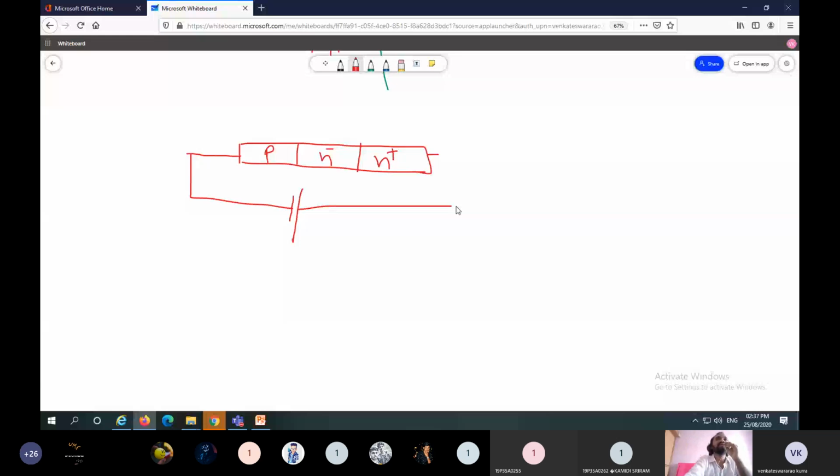So during reverse bias condition, this N minus region is very lightly doped. So charge density is very less. So due to applied voltage, if you increase this applied voltage, the reverse charge carriers are diffused more.